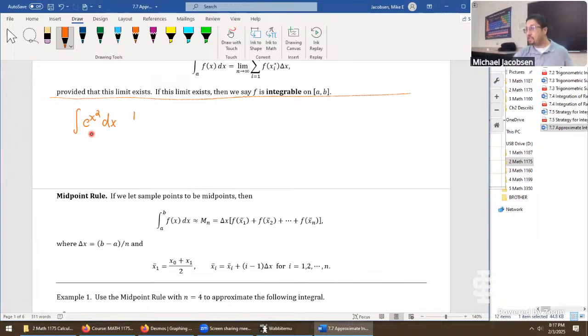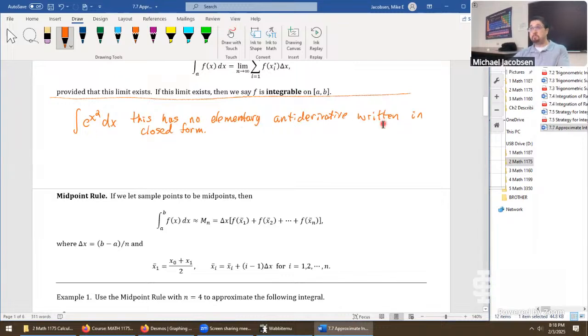Our author says this has no elementary antiderivative written in closed form. But it has an antiderivative.